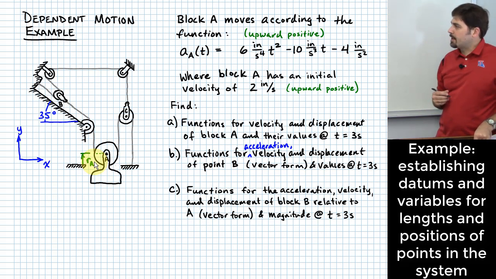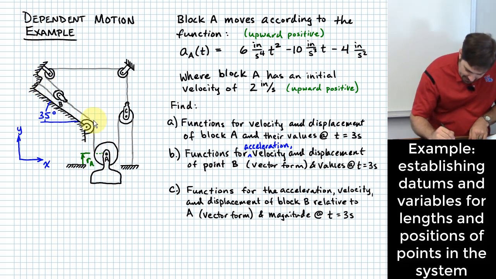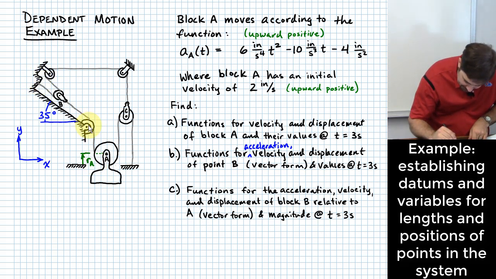What's another point you think I might care about with this system? You feel like point B might matter? Okay. So I think that too. And so what I'll do is I'll define another datum.